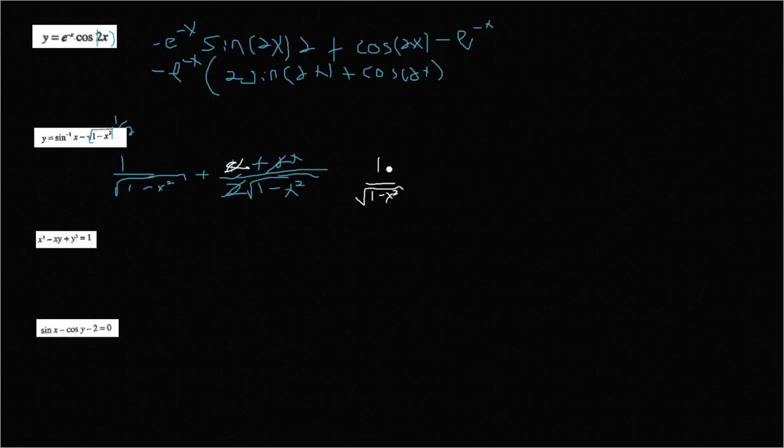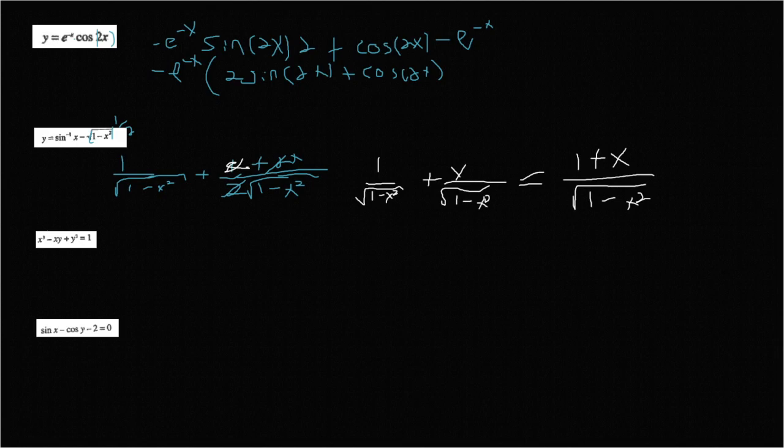It's just 2x, plus x over the square root of 1 minus x squared. But you can combine these because they have the same denominator. You add the numerators when the denominator is the same and keep the denominator, so it's going to be 1 plus x over the square root of 1 minus x squared, which is pretty cool.